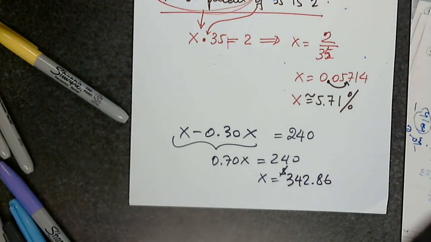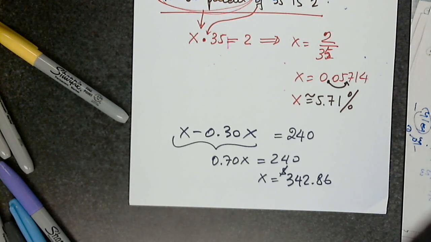342.86. Now if we have any doubts that this is indeed the original price, how do I check? I plug this back in here. 342.86 minus 0.3 times 342.86, and I have to get this number. Let's check.